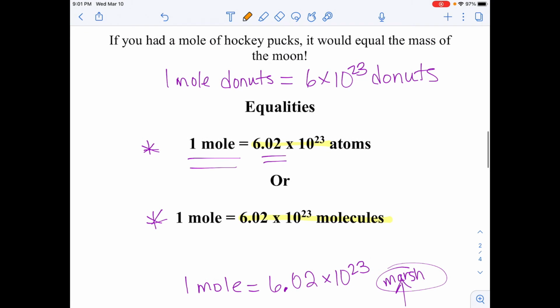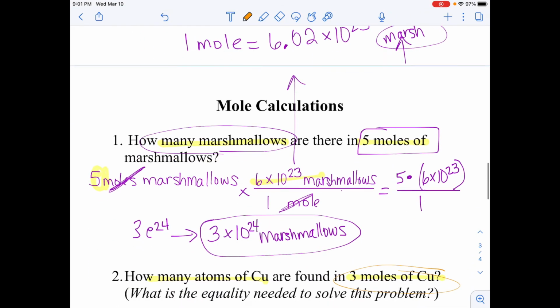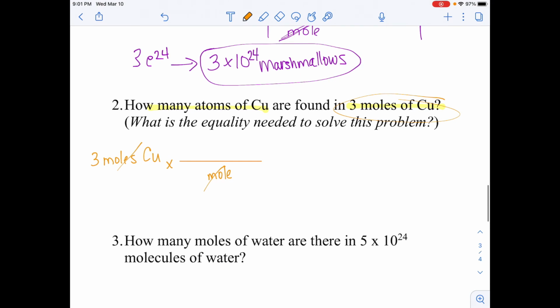So if you notice up here, we do have an equality that we can use. 1 mole is equal to 6.02 times 10 to the 23rd atoms. So the 1 mole is going to go on the bottom, and 6 times 10 to the 23rd atoms of copper will go on the top.